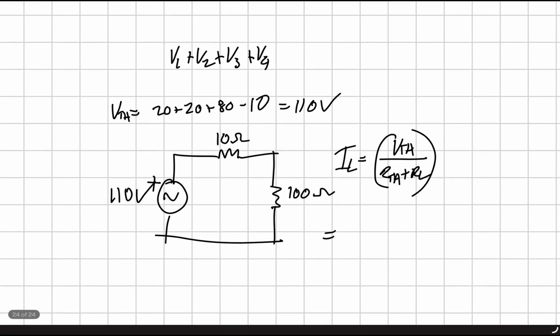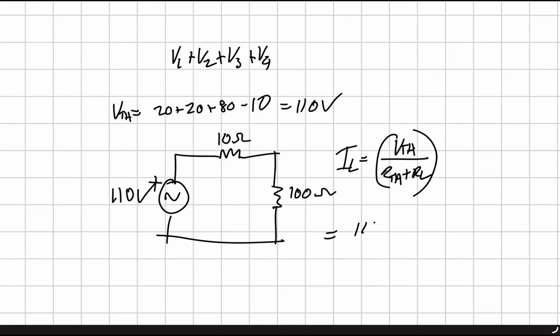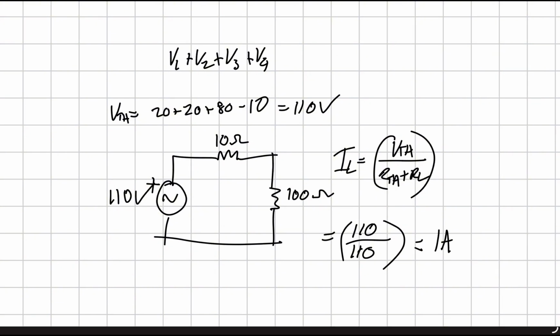You do that by just putting it all in. 110 over 110, because it's both of them. That equals 1 amp. Then the equation for the load voltage would equal IL times the load resistor, which would be 100 volts. That's how you do it. It's easy.